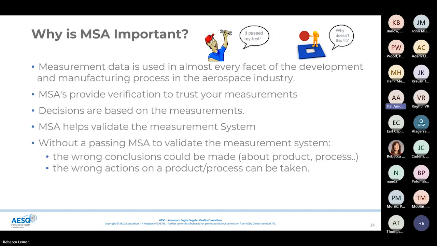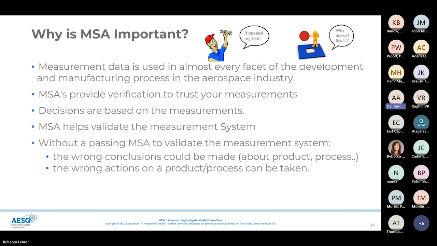So now we're going to look at how MSA is important. Okay, we use measurement data in every phase of the development and manufacturing process in the aerospace industry and also in other industries too. So we make decisions that are based on these measurements, since the measurements are used to accept or reject our products. So MSA provides the verification to trust the measurements that we take.